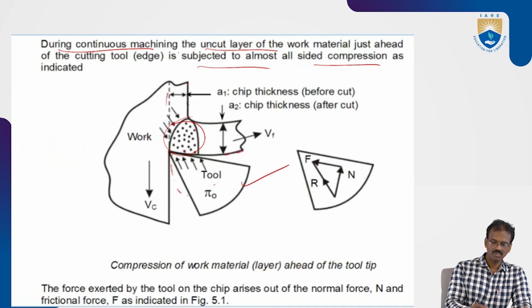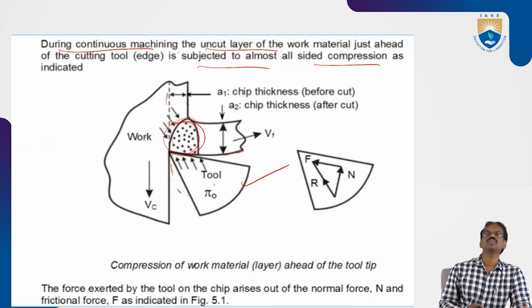The portion in front of the tool bit is subjected to different types of stresses. So we'll see the compression stress. Due to this compression stress, the material will be sharpened.